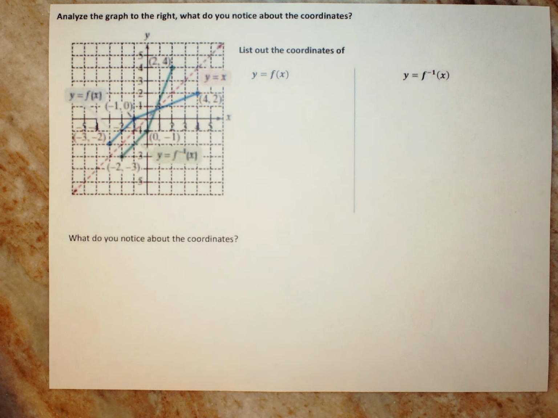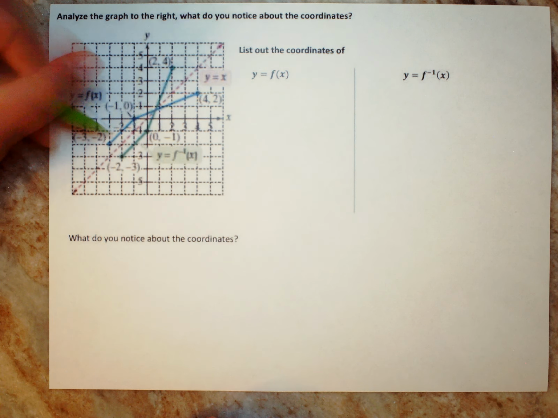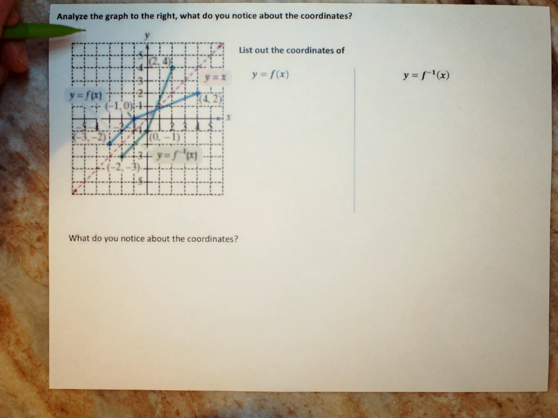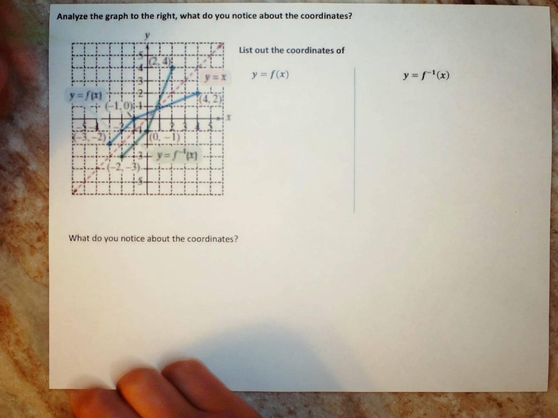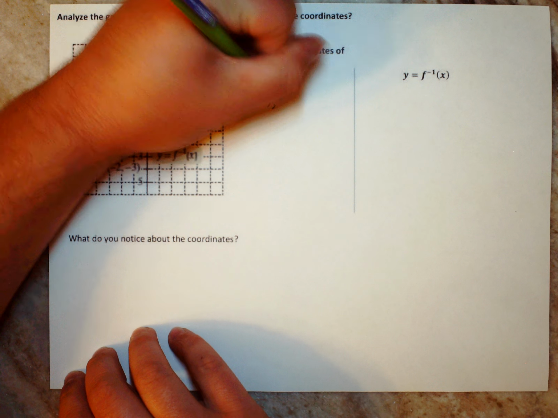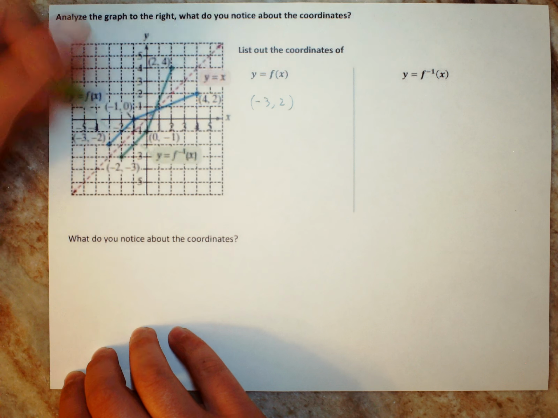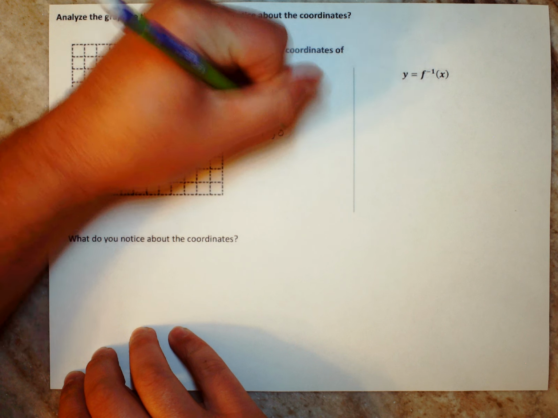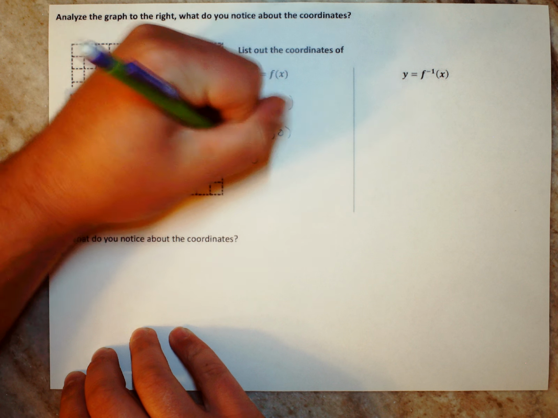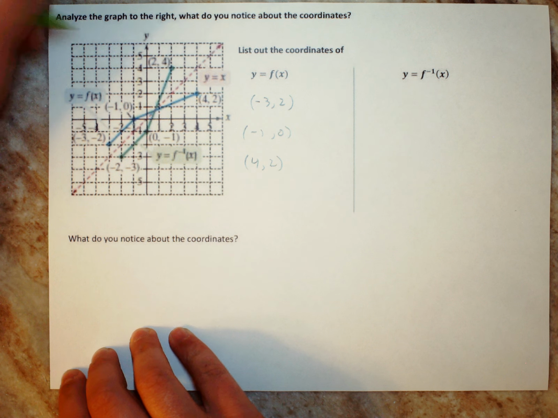So again, on this slide, it's just some further explanation. We've got the blue here, which is y equals f of x. So I'm going to list the coordinates. -3, 2, -1, 0, and 4, 2.